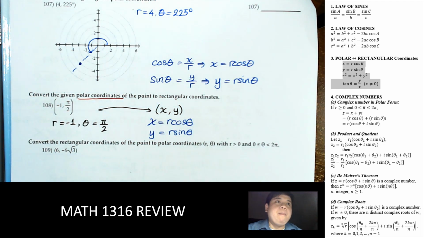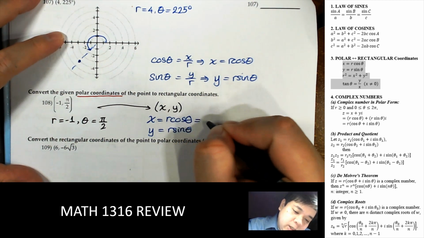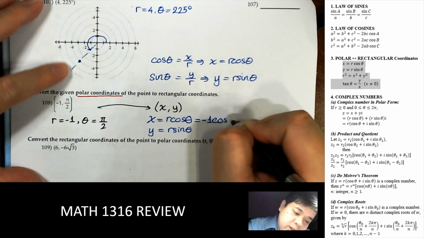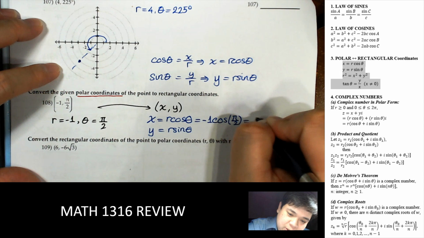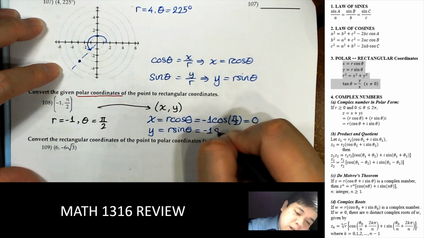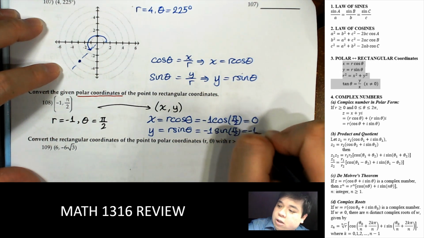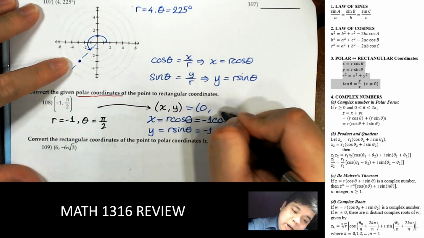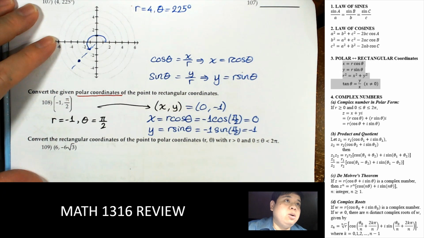So -1 times cosine of pi over 2, which is 0, so it's just 0. And then -1 times sine of pi over 2, which is 1, so that's just -1. So the point here is x equal to 0 and y equal to -1. And that's what we have.